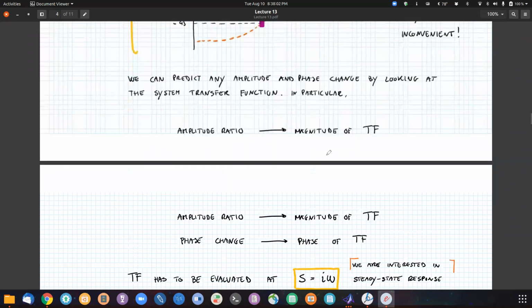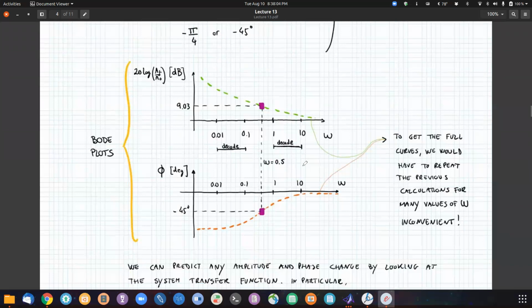And in order to find the Bode plots, all you need is your system transfer function, because the input might be different. The Bode plots will take care of any kind of sinusoidal inputs, because you can vary here the frequency.